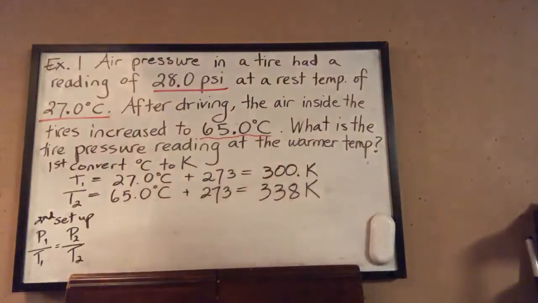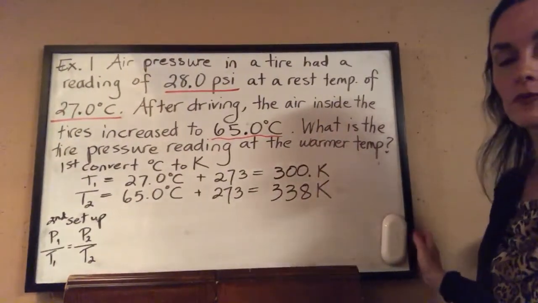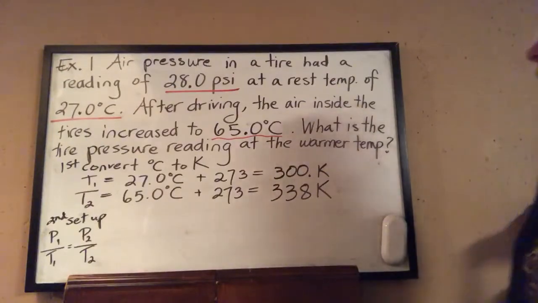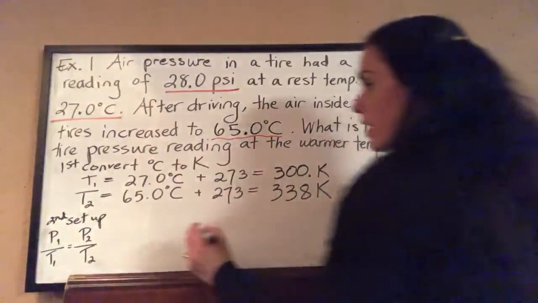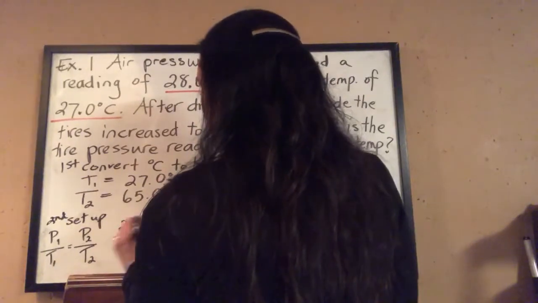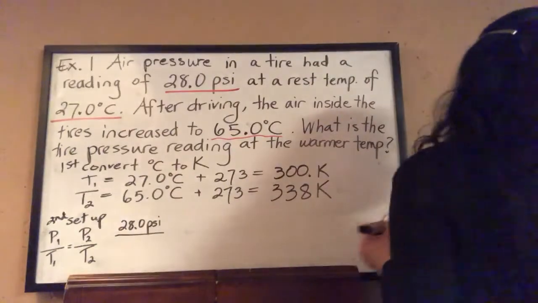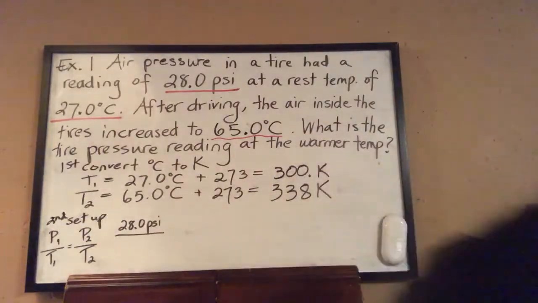Okay. So the initial pressure is 28 psi. So those tires have a reading of 28 pounds per square inch.